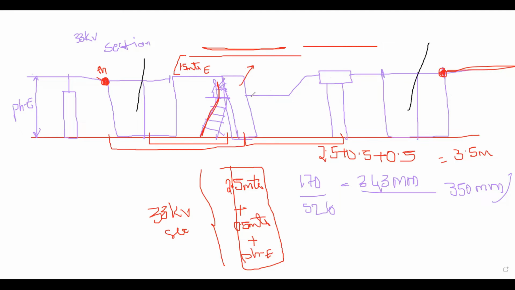So you should maintain a distance from the other section where it is in a charged condition. What is that clearance? It is 2.5 meters plus 0.5 meters plus phase to earth clearance. That is the sectional clearance.